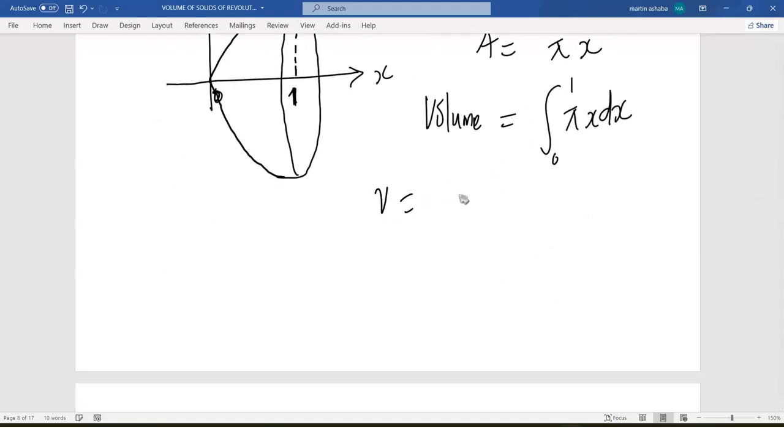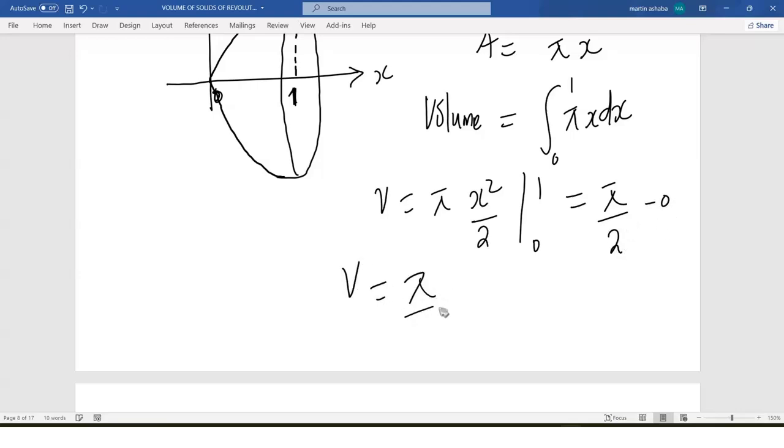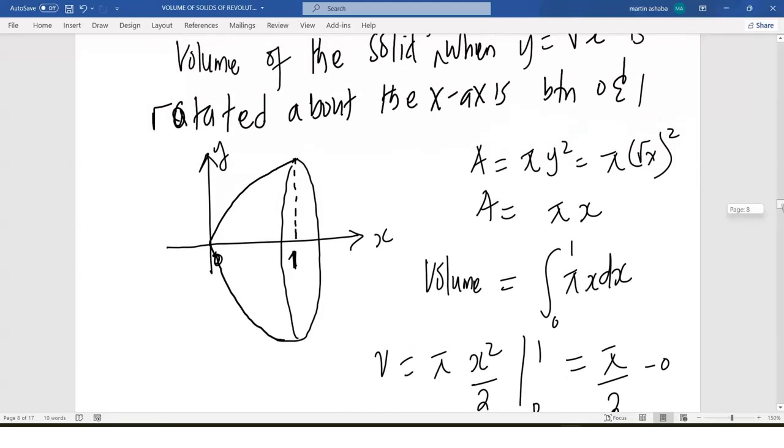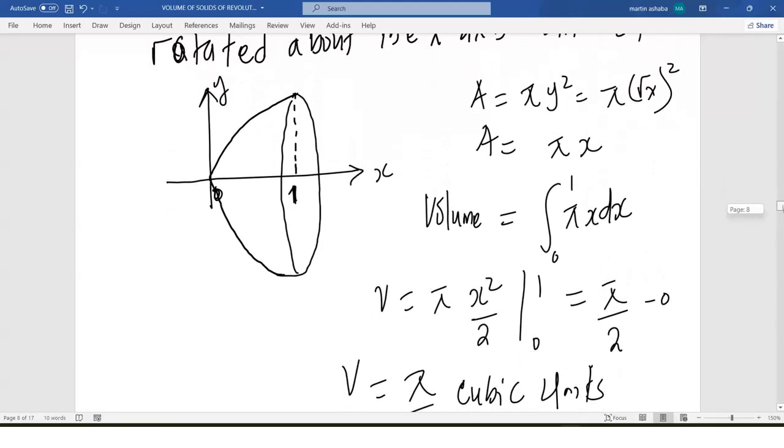So that volume will be pi x squared out of 2 from 0 to 1, and this gives us pi out of 2 minus 0. So volume is pi out of 2 cubic units.